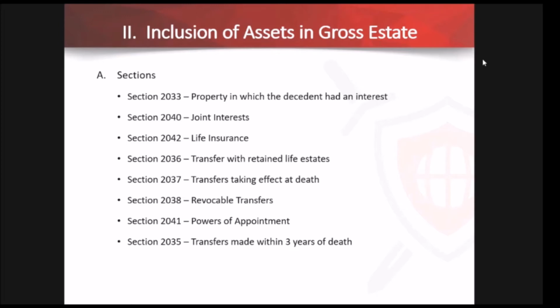You have retained life estates. If you think about a life estate deed or something like that, or a Lady Bird deed. You have transfers that take effect at death, maybe a pay on death asset, but again, the whole value is going to be includable in the decedent's estate. Their Rev Trust, they put things in the name of the Rev Trust. The entire value is pulled back in.